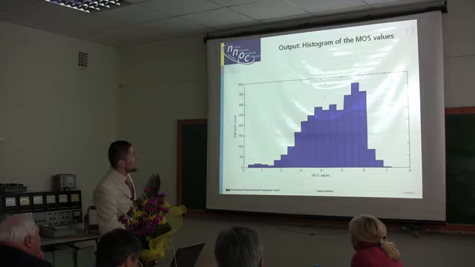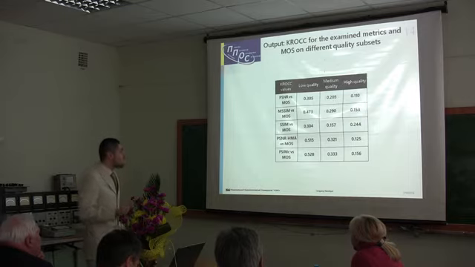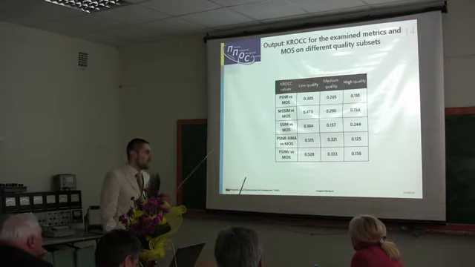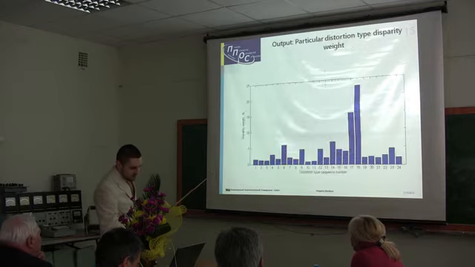This is the histogram of the MOS values. This is some data showing correlation between the so-called perceptual subjective quality subsets of the TID 2013. This is the same for the Spearman rank order correlation coefficients.